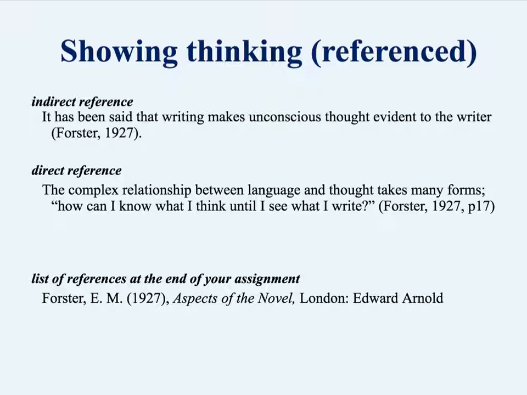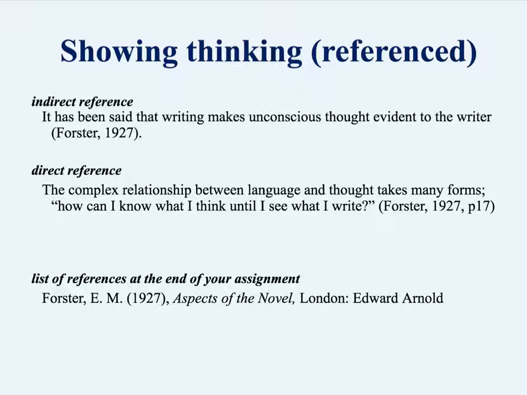Now, that is not your idea, in a sense it comes from E.M. Forster's book. And so what you're doing here is you're making reference to the fact that it's someone else's idea, in this case Forster's, and at the end of your sentence there you put in brackets Forster, 1927, to indicate that the author is Forster. You don't need their second name or their first name or their initials, just their surname. So Forster, and the date the book was published.